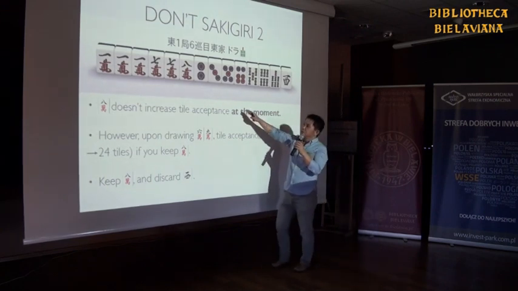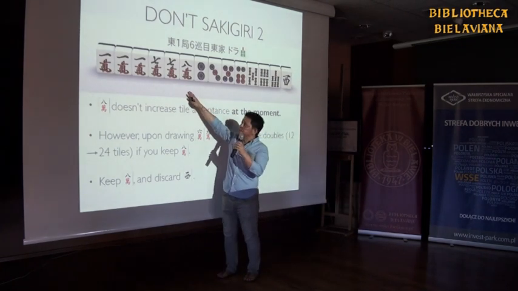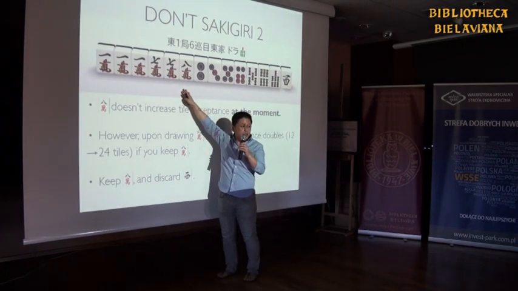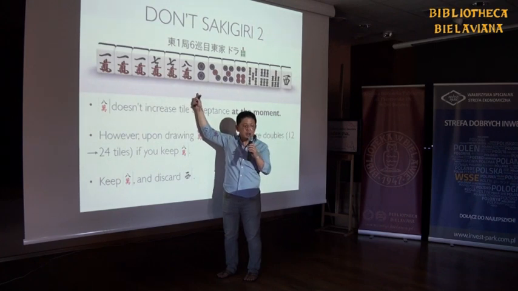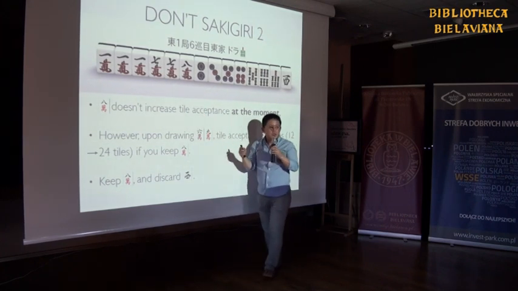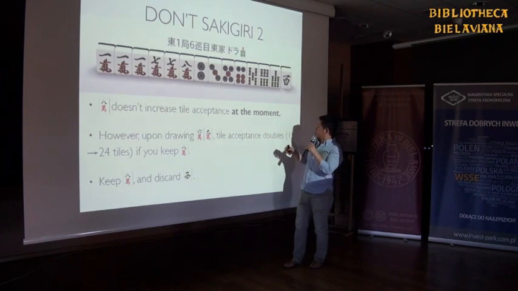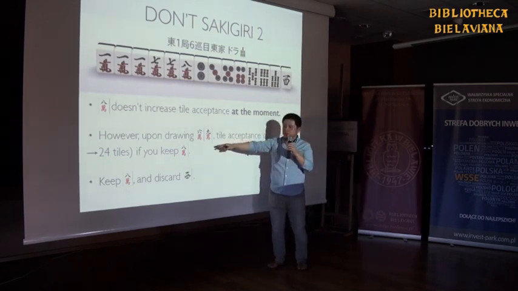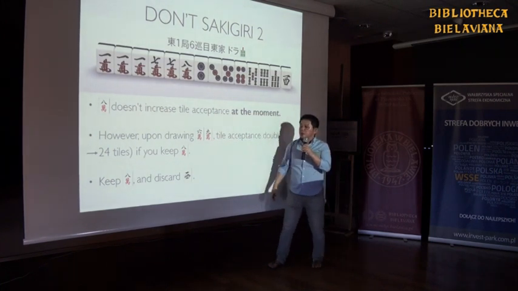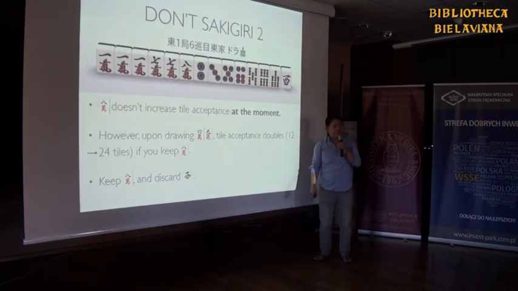Even though 8 doesn't seem to be making a difference, if you draw 6, 9, 1, then tile acceptance doubles, right? Currently, it accepts 12 tiles, but if you keep 8, then a draw of 6 and 9 will make tile acceptance 24.